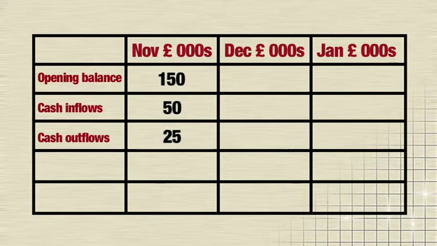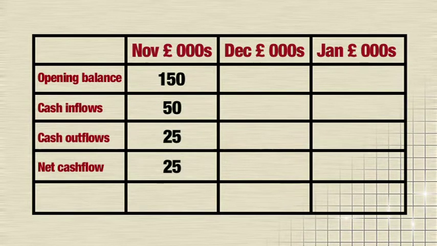The next thing to do is work out the net cash flow, which means taking the outflows away from the inflows. In this example, the firm plans to have fewer outflows than inflows, so is left with a positive figure. See how £25,000 has been taken away from £50,000 to give £25,000.